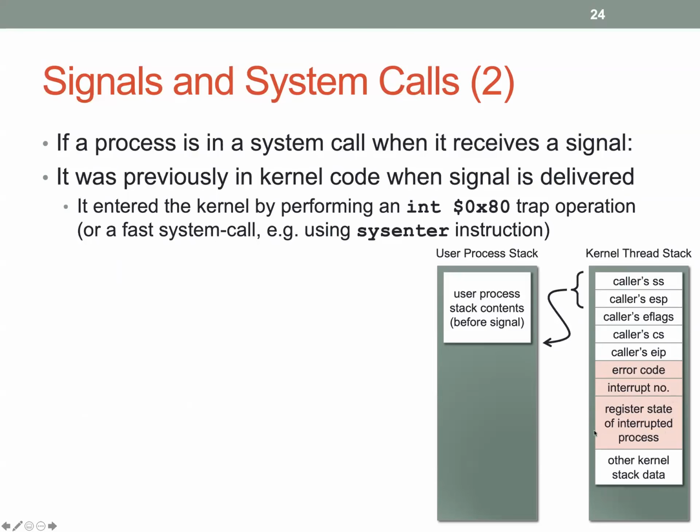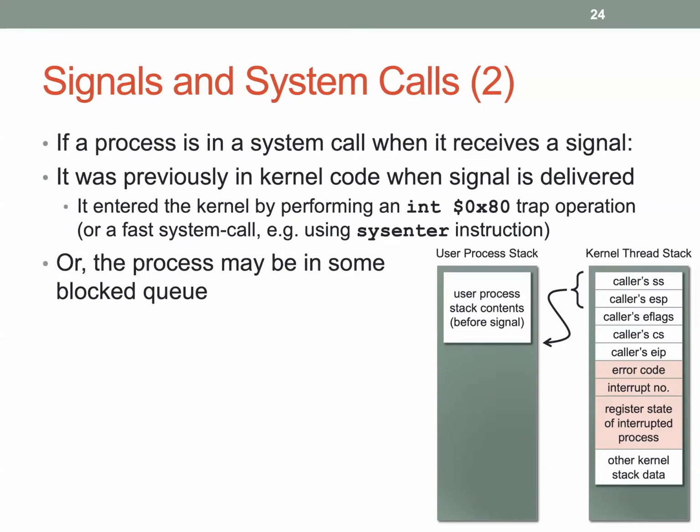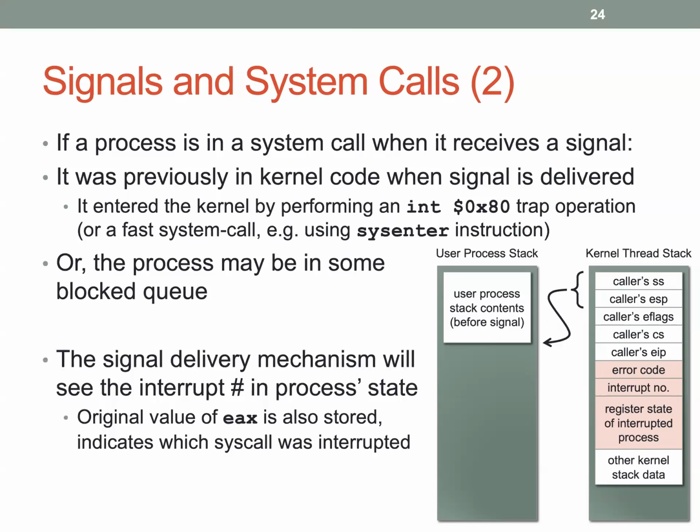It's going to be able to see the register state, so it'll know that you're performing this system call or that system call, because remember, that's indicated by a specific number. Alternately, the process may be in some block queue. So regardless of the state, the kernel is going to be able to tell that a system call had been initiated, and it will be able to take appropriate steps to report the interruption of that system call.